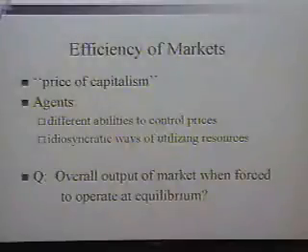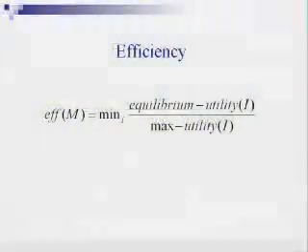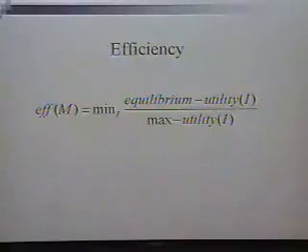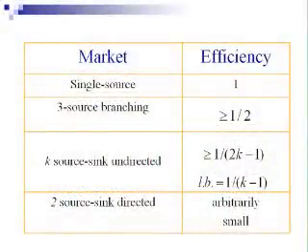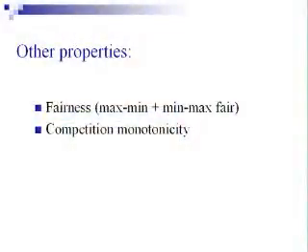So this is like the price of capitalism, and we can define efficiency as the worst equilibrium utility, total equilibrium utility achieved divided by max utility. And again, it gives a rich classification. Here are efficiencies of some of these natural markets. And then we study fairness also in these markets and something else called competition monotonicity.